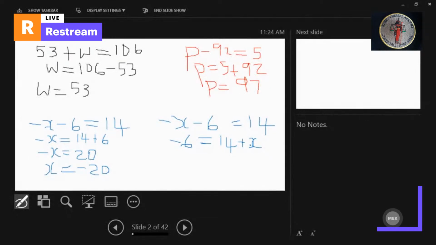So I'm going to bring the 14 over here. So I would have negative 6 minus 14, still have my positive x. This would give negative 20. And then all I'd have to do now is to rewrite it with the x over the left and the negative 20 over the right. I'm not changing anything. I'm just kind of twisting around the equation. I like to think of it as, right?